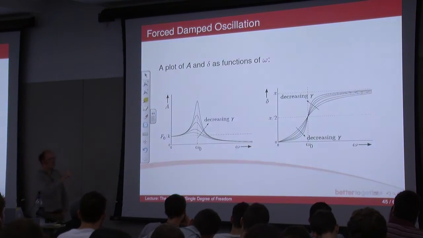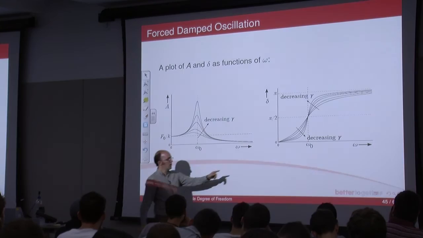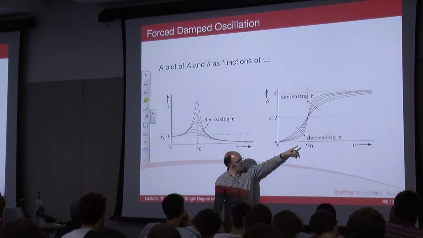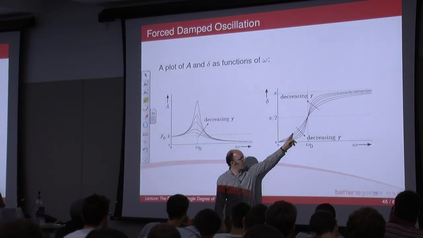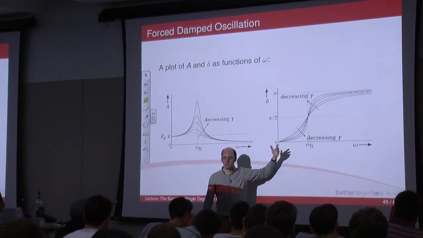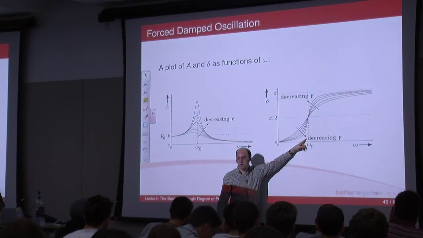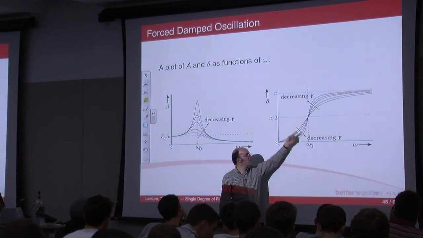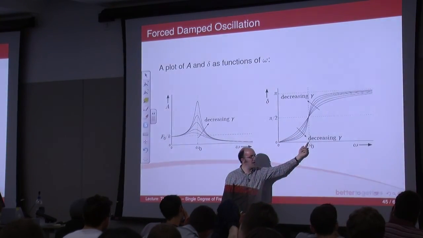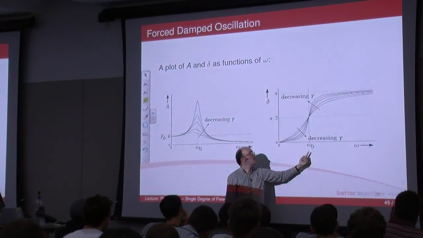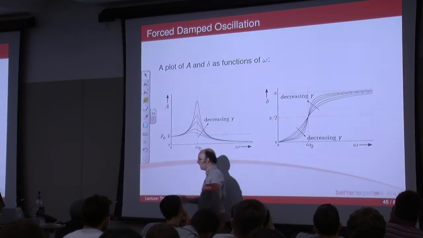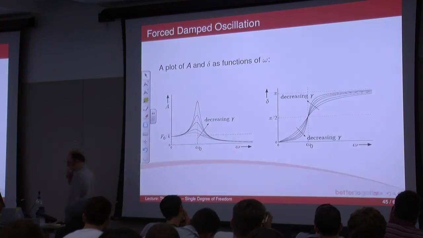Again, the speed with which it goes from 0 to 180 out of phase is dependent upon your damping. If your damping is very high, which is this line, it takes a long time. If your damping is very low, then obviously the change happens quite quickly. And obviously 0 damping comes along here, you hit the natural frequency, and it shoots up and goes negative. That's what we had in the 0 damping case.